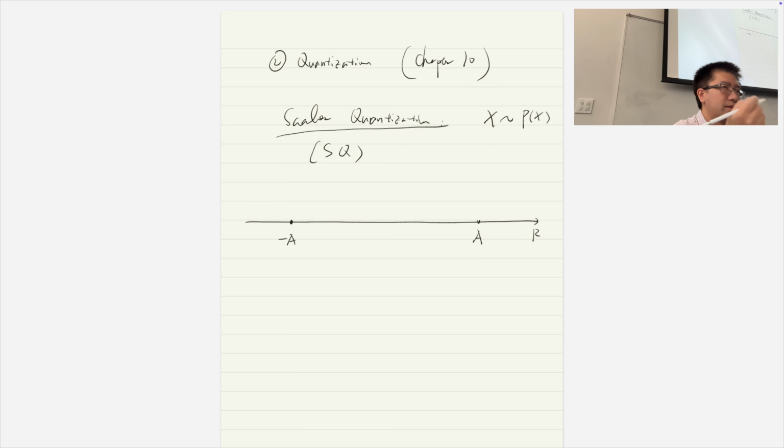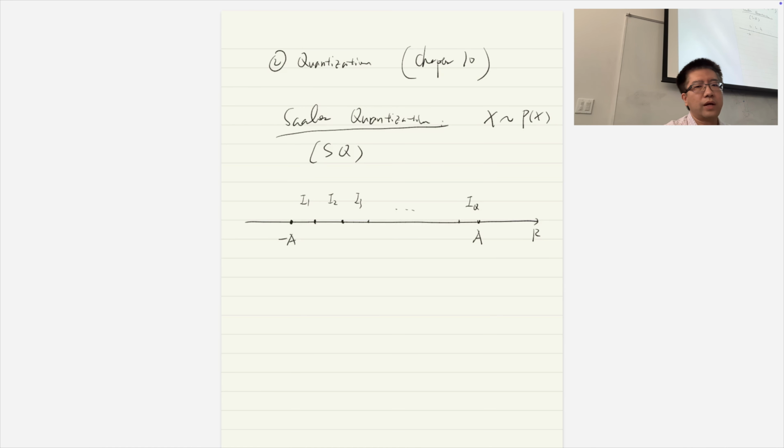For example, we may have an interval I1 here, an interval I2 here, interval I3, and so on, up to interval IQ. Let's say the total number of quantization levels is Q. So this is the first thing we need to determine: what is the Q here, how many levels we want.